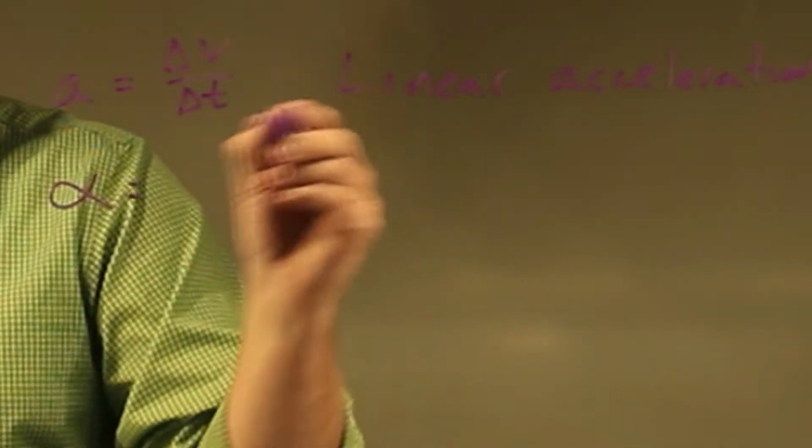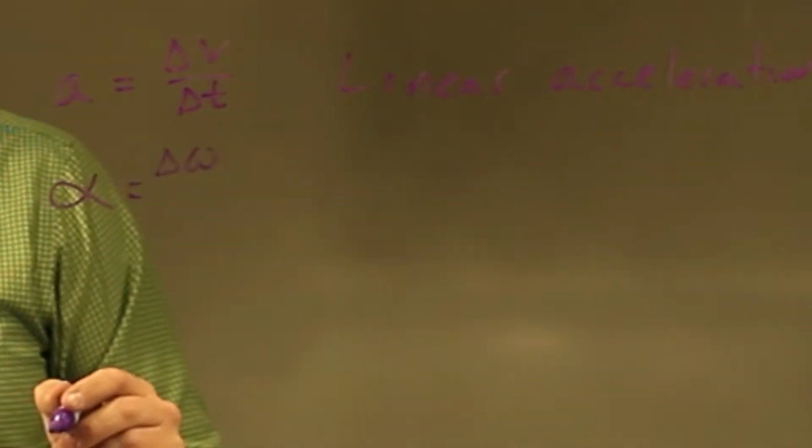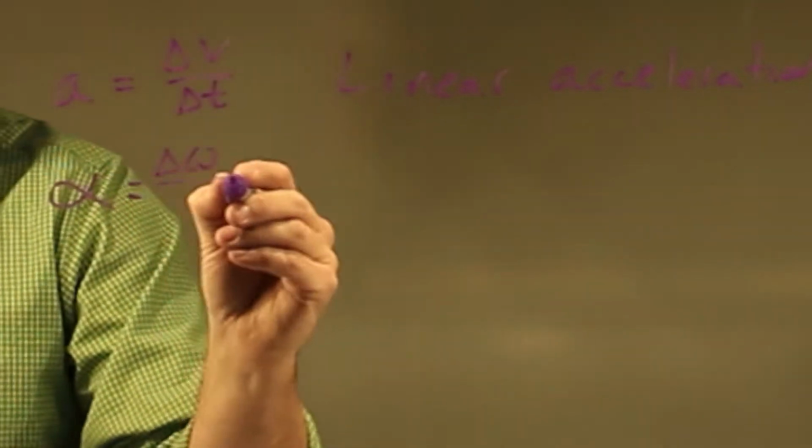Today we're going to talk about angular acceleration. Angular acceleration is analogous to linear acceleration in that it's the change in angular velocity, instead of the change in linear velocity, over time.